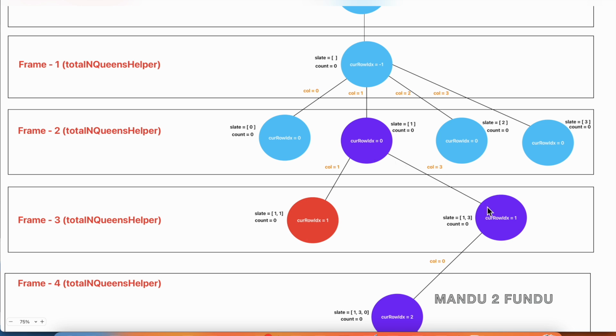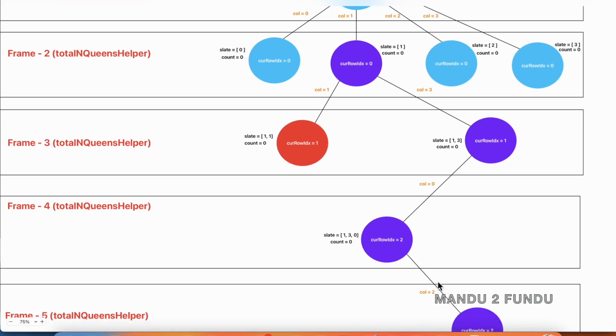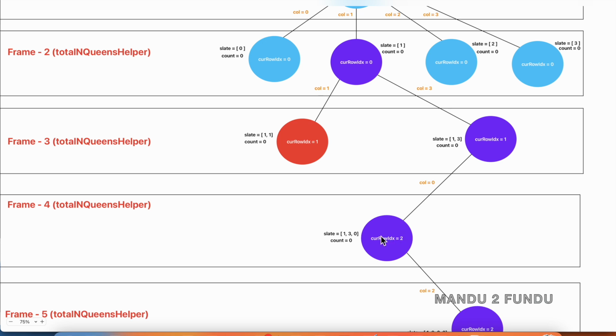Then we make another recursive call to place the next queen at column 3, and for this case the valid position function returns true, and the length of this slate is not equal to 4. We go ahead and make another recursive call to place queen 2 at column 0.